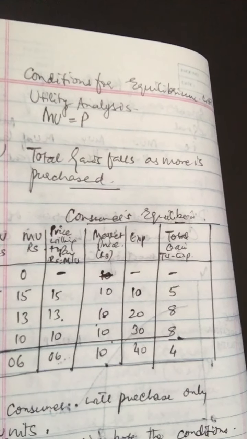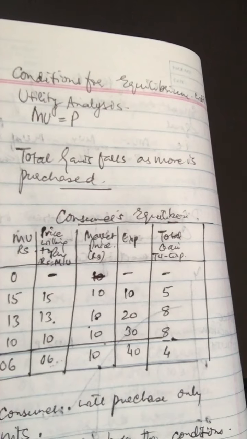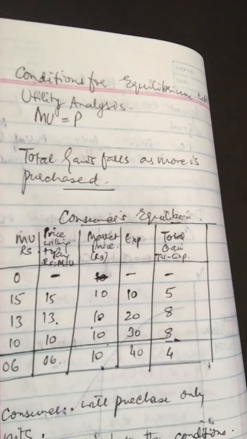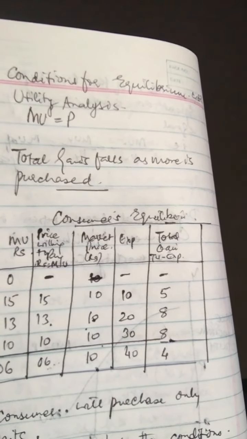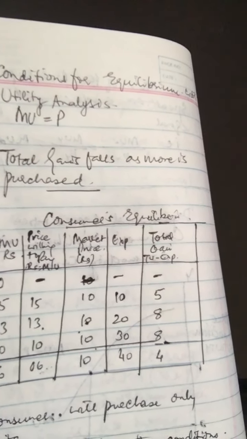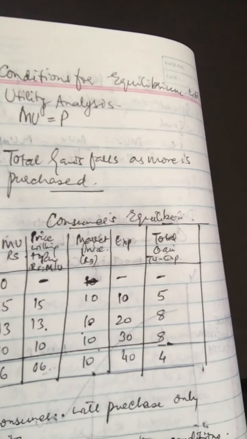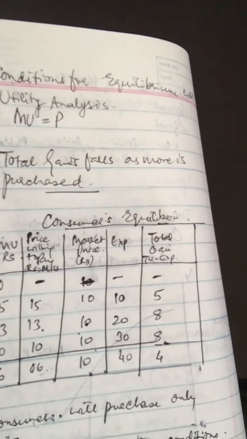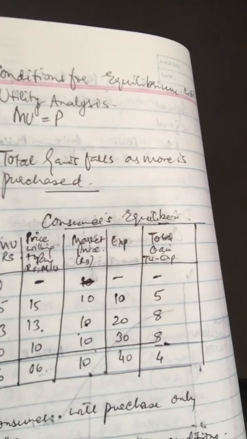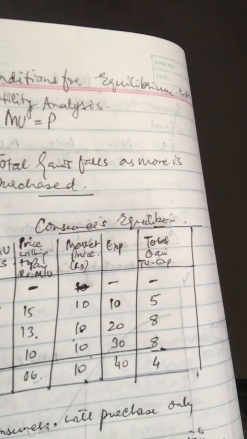The utility of the first unit, that is rupees 15, is the marginal utility of 1 unit. When he buys one more unit, the utility obtained from the second unit, that is rupees 13, is the marginal utility of 2 units. Like this, the marginal utility of the 3 units is rupees 10. The sum total of the marginal utilities of the 3 units is the total utility of all these 3 units.